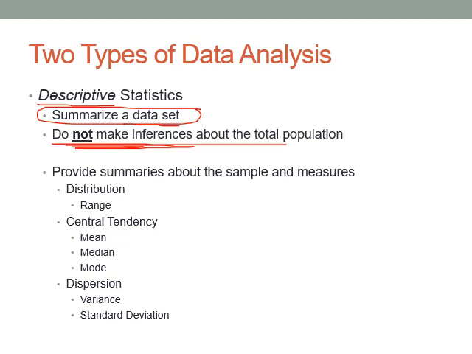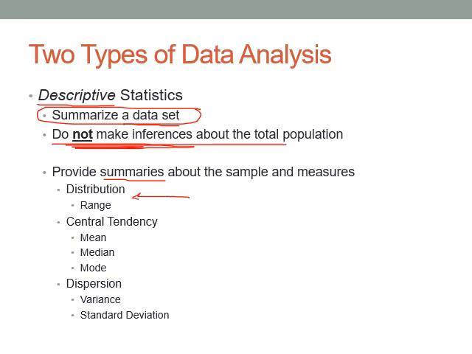And then we can also provide summaries about the measures, like in our sample, what proportion of respondents had taken ADHD medication? Or what proportion of students report that they have sold their ADHD medication to other students? And the way that we provide these summaries is through several different kinds of statistics.